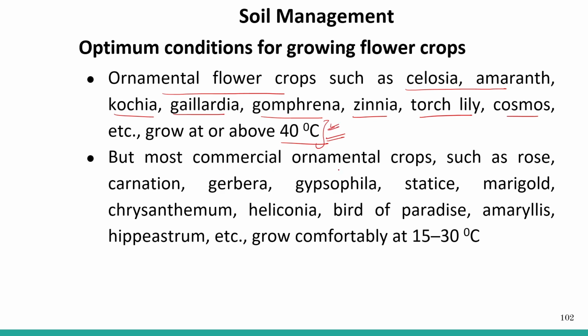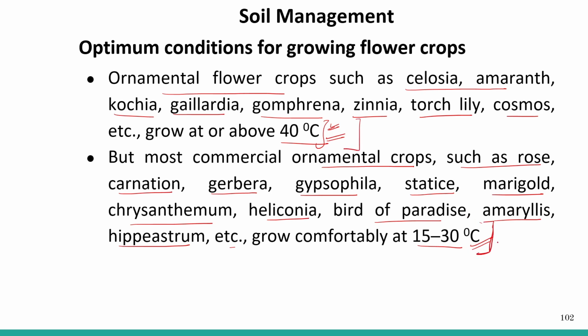And most of the commercial ornamental crops such as rose, carnation, gerbera, gypsophila, statice, marigold, chrysanthemum, heliconia, bird of paradise, amaryllis, hippeastrum, etc. grow comfortably at 15 to 30 degrees centigrade. So these are some of the variations in flowers that require different temperatures for their growth.